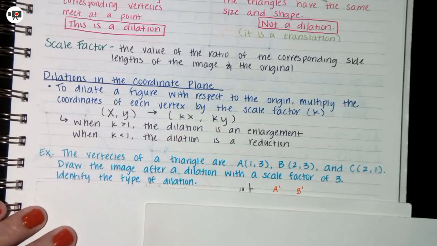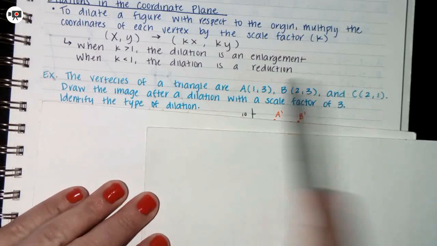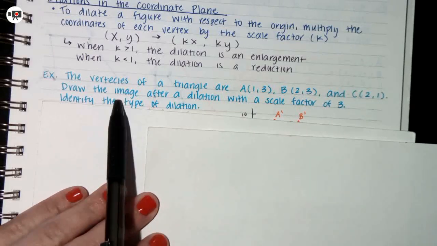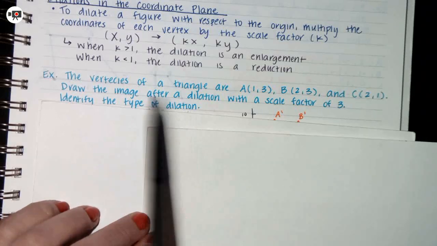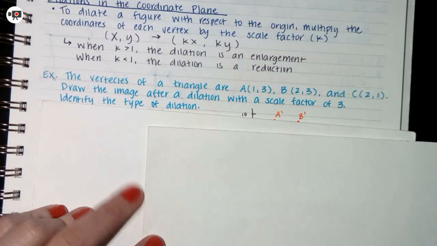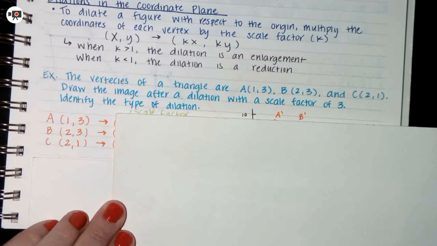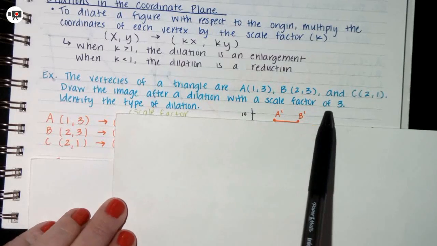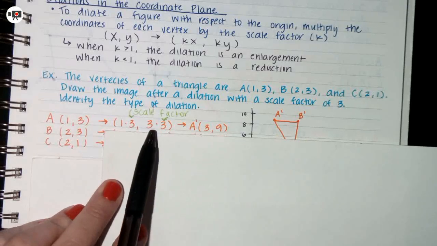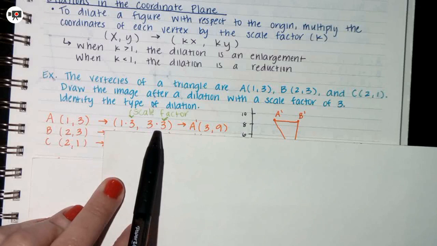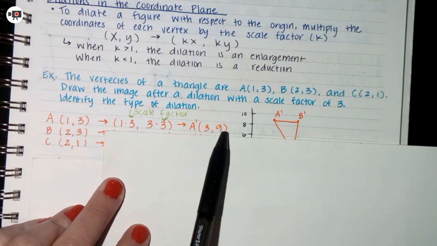The vertices of a triangle are given here as A, B, and C. We're going to draw the image after a dilation with a scale factor of 3 and identify the type of dilation. So I'm going to take my points as given. The scale factor is 3, so the x and the y get multiplied by 3, and so my new point, A prime, is (3, 9).